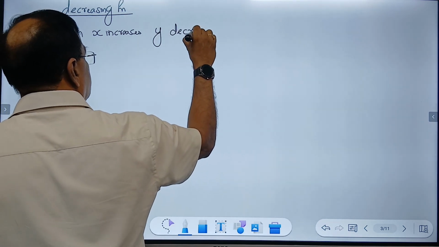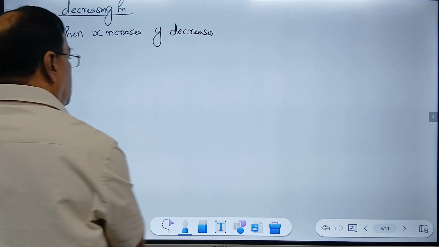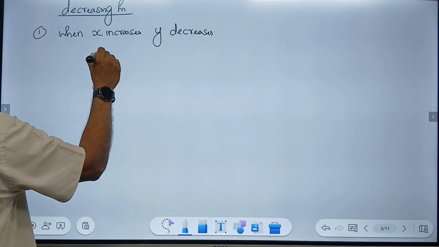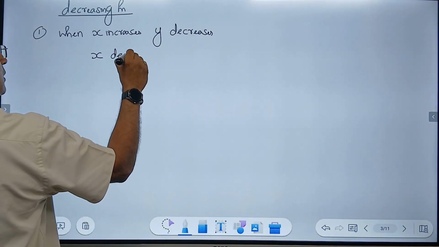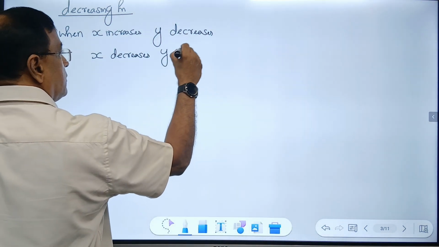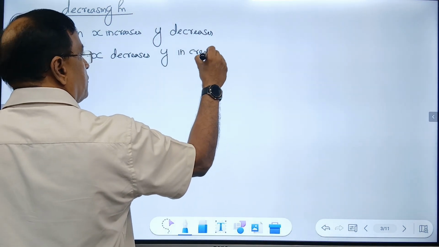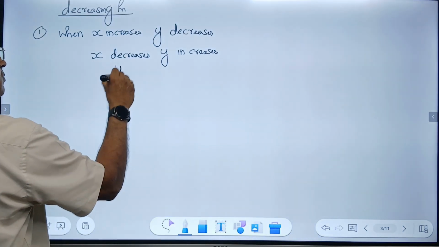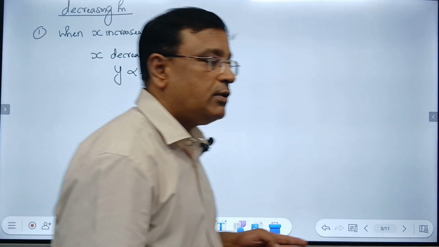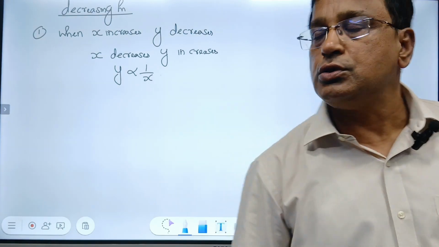Y decreases. Right? When x increases, y decreases. Or you can say when x decreases, y increases. In other words, you can say x and y are inversely proportional to each other. Whereas in an increasing function, x and y are directly proportional to each other.